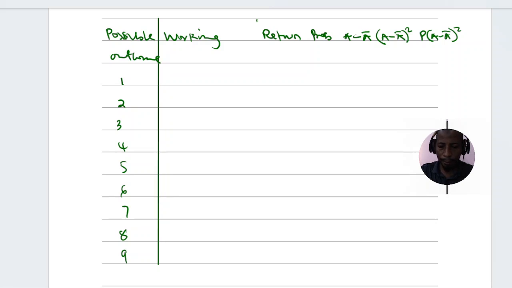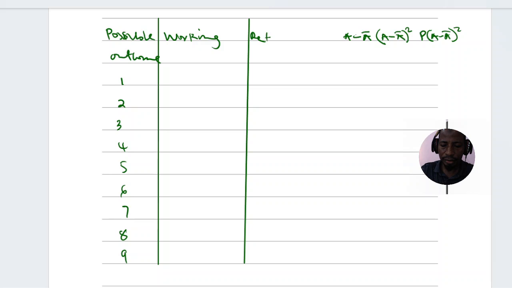Okay. All right. Oh, I did not include column for expected return. Let me adjust this to accommodate expected return. Okay, so I have the return. Then I will have expected return, then probability. Wow, still need more space.